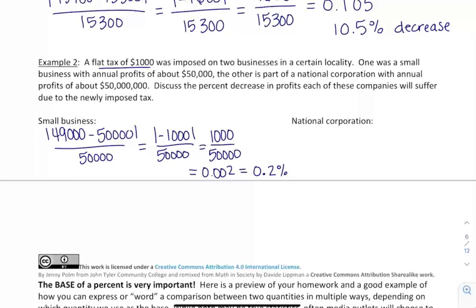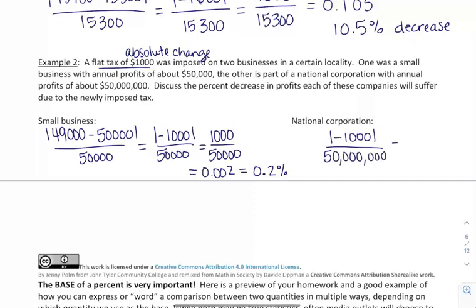Now, because the problem went ahead and told us the change, that 1,000 is really an absolute change. So you can skip to the absolute value part. You can skip to this 1,000, and we will divide by their starting value.